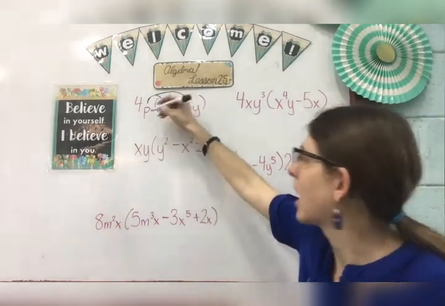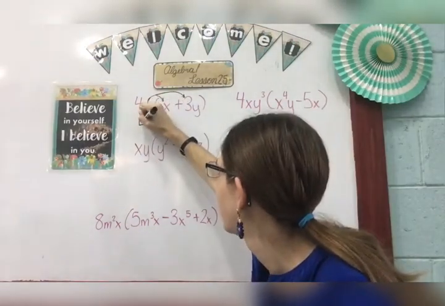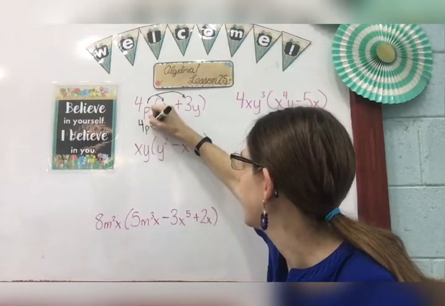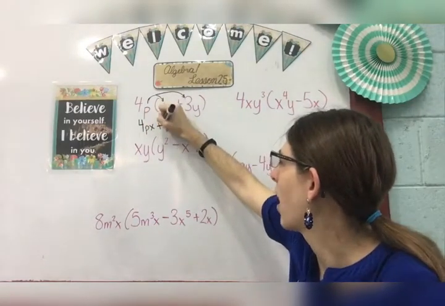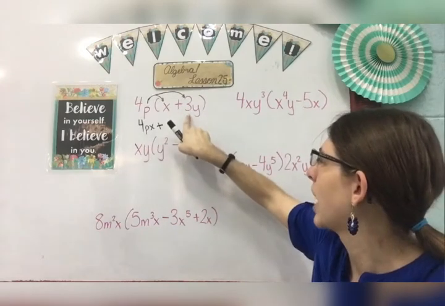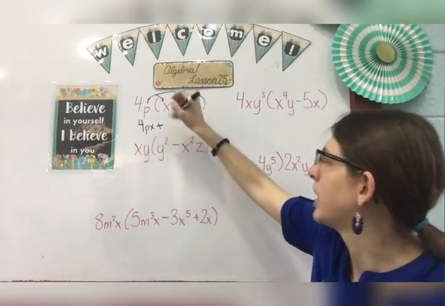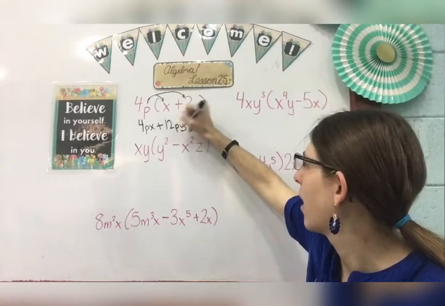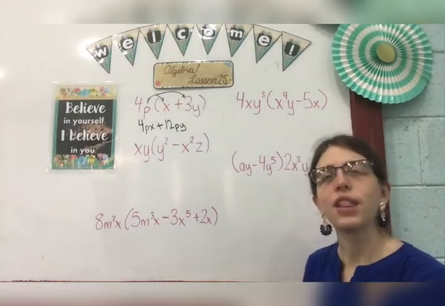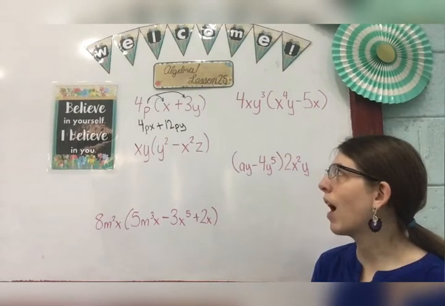So 4p times x becomes 4px, plus, because this is a positive 3y, 4p times 3y, 4 times 3 is 12, p and y. So I end up with 4px plus 12py.